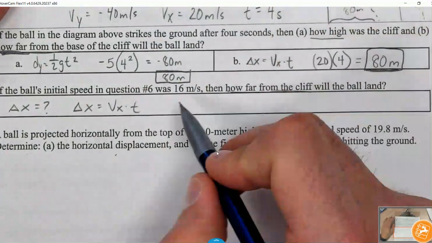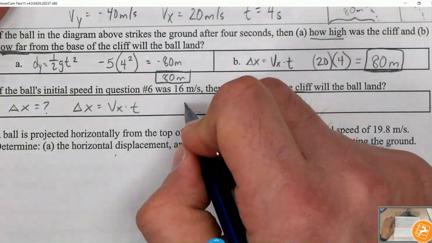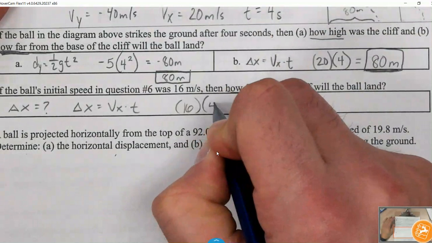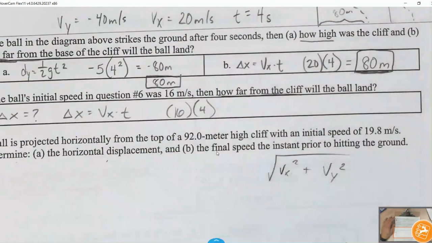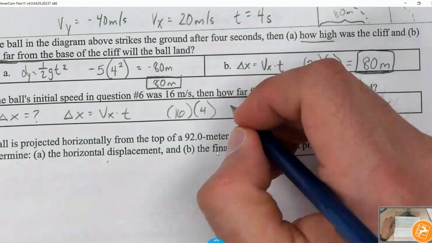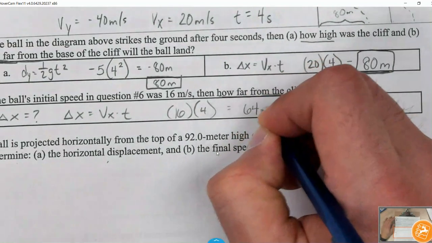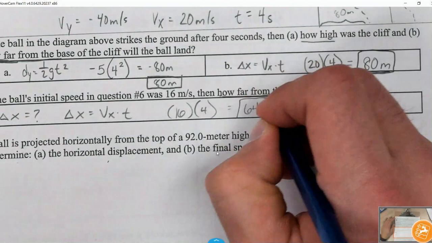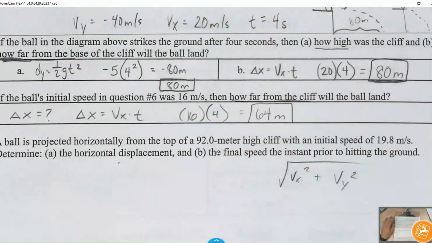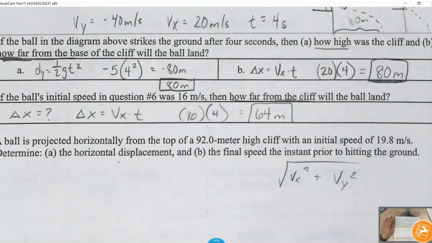But our Vx, instead of being 20, is going to be 16. So all you're doing for this one is 16 times 4, and you're going to have 64 meters away. And does that make sense that it's not as far? Because I didn't roll it as fast.